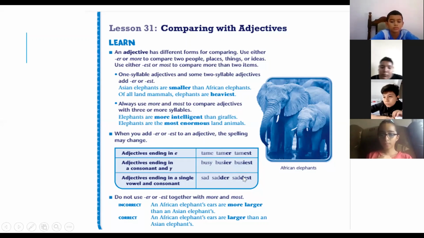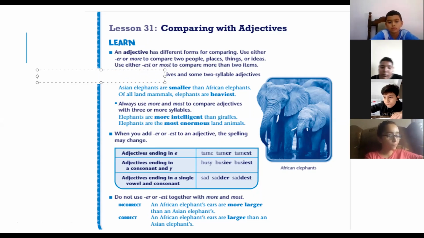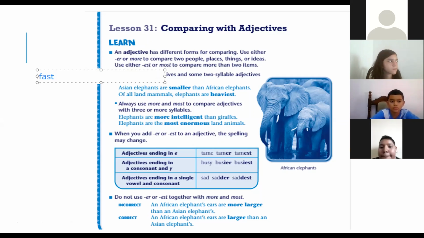For example, fast. How many consonants does it have at the end? One or two? Fast.